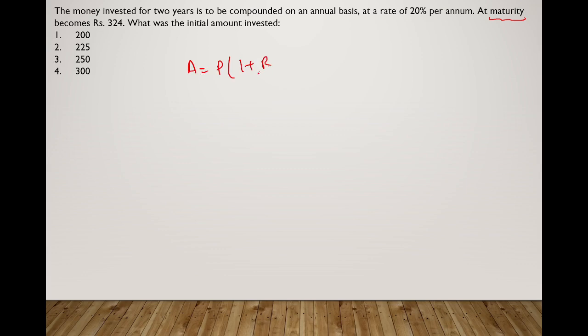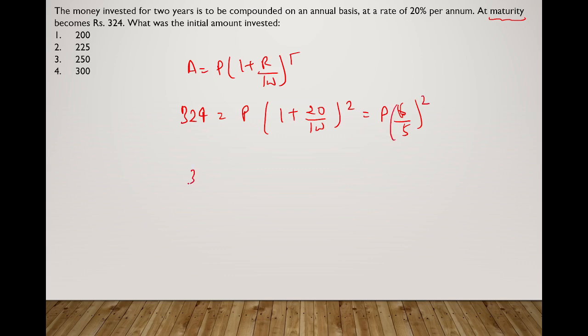P into (1 plus R divided by 100) to the power T. How much is the amount? 324. And we need to find out the principal. And what is the rate of interest? 20. So how many years? 2 years. So this becomes P into 6 by 5 into 6 by 5 equals 324.